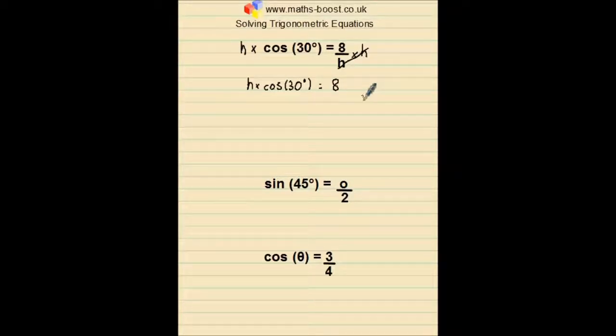But this is the two-step problem. I haven't got the h on its own. At the moment, I'm multiplying it by cos 30 degrees. So I carry out the inverse, and the opposite of times cos 30 degrees is divide by cos 30 degrees. And because it's an equation, I do the same to both sides.